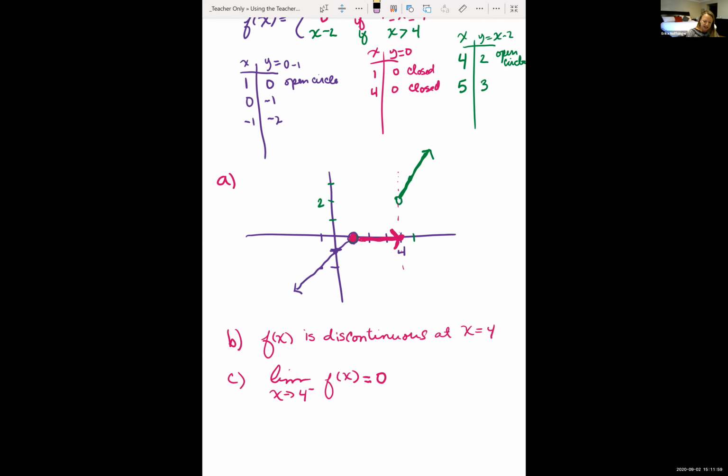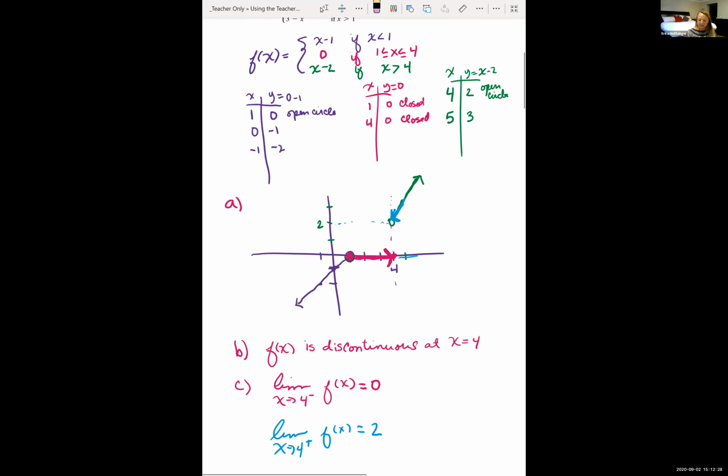And then if we look at the limit as x approaches 4 on the right of f of x, so coming in on the right-hand side, I'm coming down on the green graph, and I'm getting closer and closer to, not hitting it, but getting closer and closer to 2. So this is equal to 2.